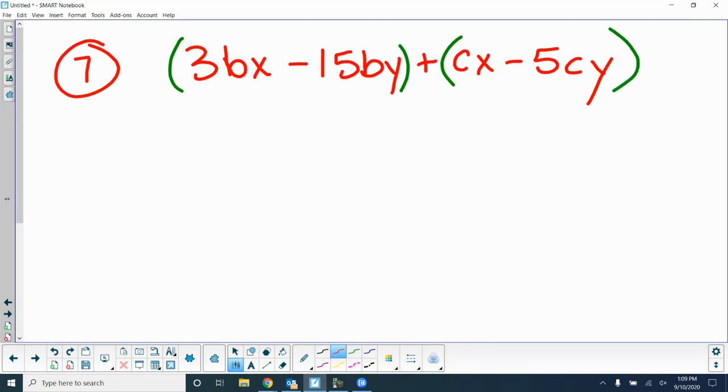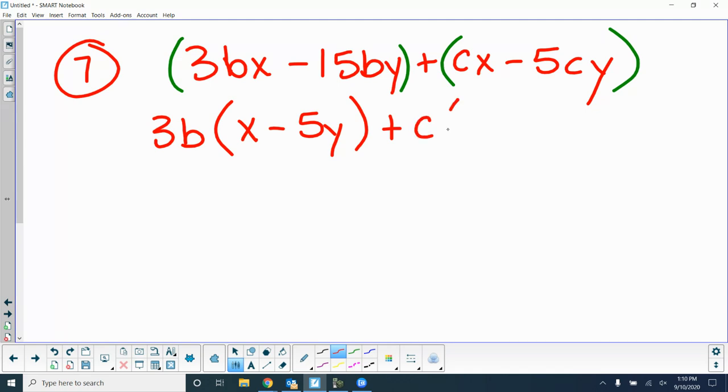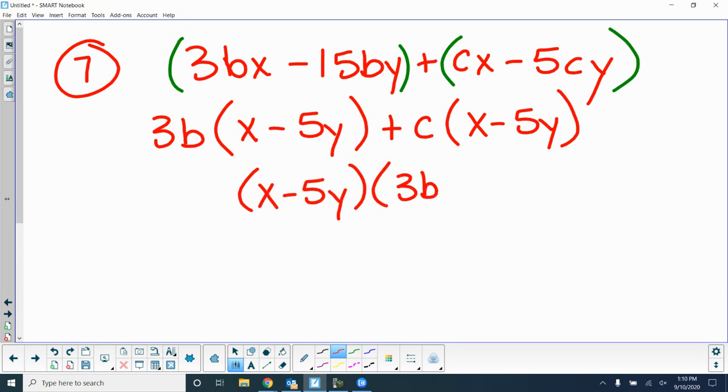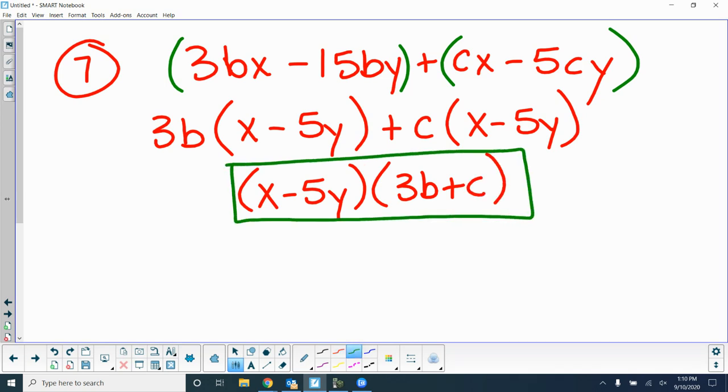So we get a 3b is common to those 2, and I get x minus 5y when I divide, plus, and I got a c in both, right? So I got an x minus 5y. That's nice. They're the same. So x minus 5y is 1, and 3b plus c is the other. Just a straightforward grouping problem. No GCF in the beginning.